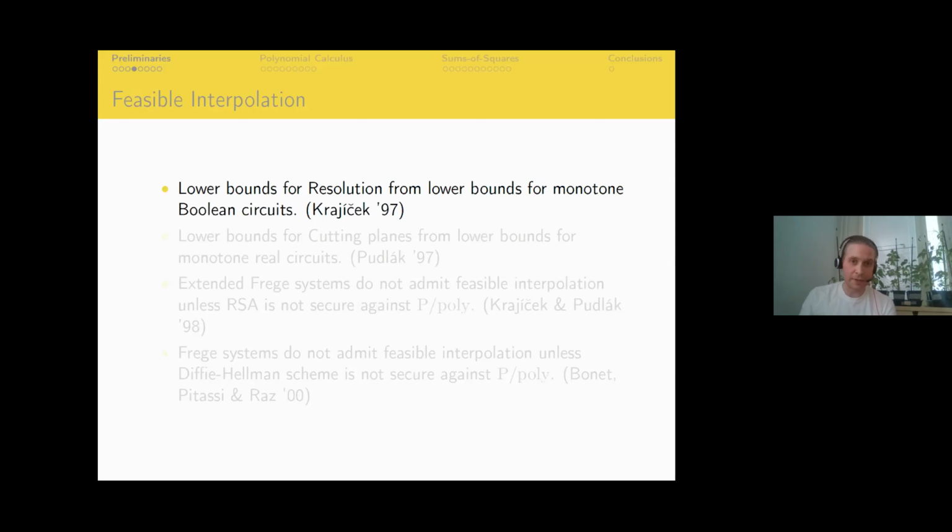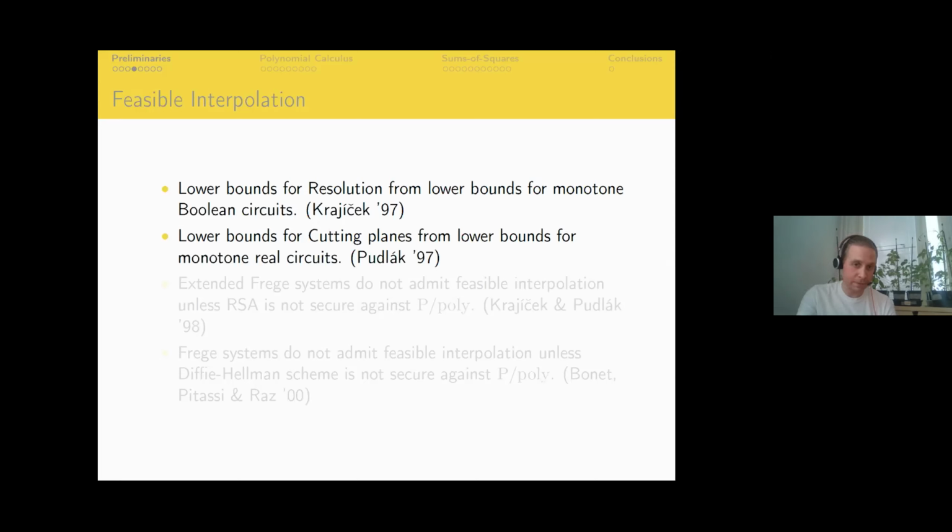So showing that if one has a resolution refutation of a conjunction satisfying some monotonicity conditions, then one can transform that into monotone Boolean circuits that compute the interpolating function, and then obtain resolution lower bounds from lower bounds on monotone Boolean circuits. This was extended in the same year for cutting planes, from lower bounds on monotone real circuits.